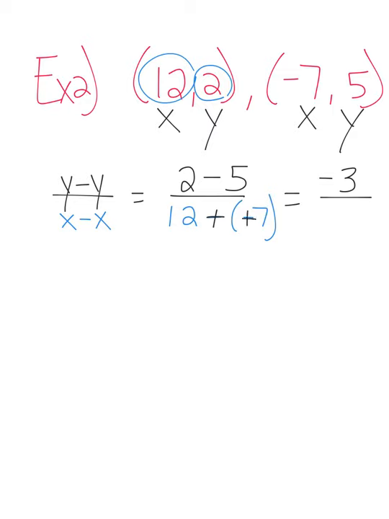So this is really just 12 plus 7, which is 19. And it's okay to leave slopes, my answers here, as a fraction. I prefer for you to leave it as a fraction unless you get a nice, pretty number. So we're just going to leave it at that. This is an example of a negative slope.